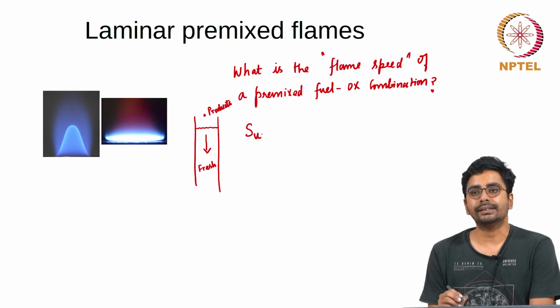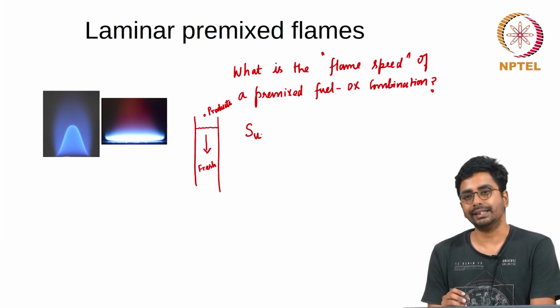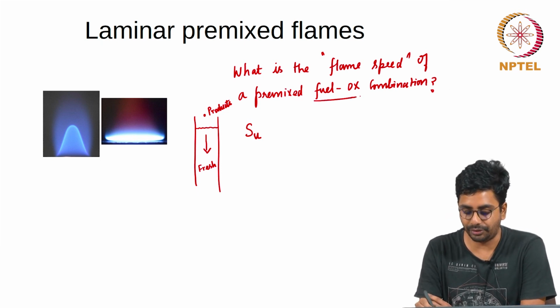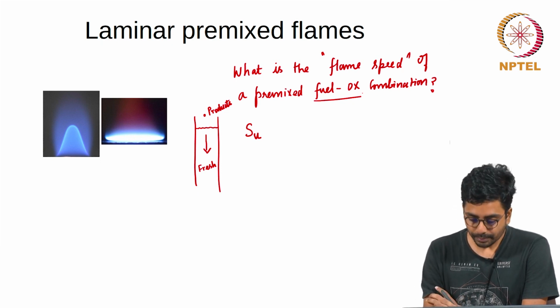Okay. It is the speed with which a one dimensional adiabatic unstretched flame front propagates into the unburnt mixture, and this again is a characteristic property of the fuel oxidizer combination at a given initial pressure and given initial temperature.